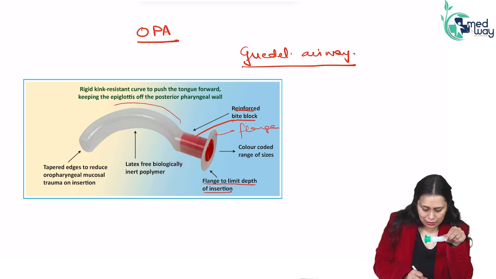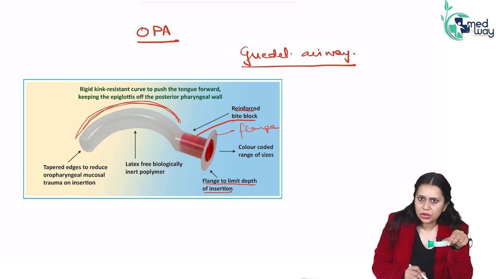Then this is the rigid kink resistant body of the oropharyngeal airway, which pushes the epiglottis away, and in its curvature it will hold the tongue, it will lift the tongue. Then there is the tapered end, which will cause minimal trauma to the mucosa, and there is an opening.